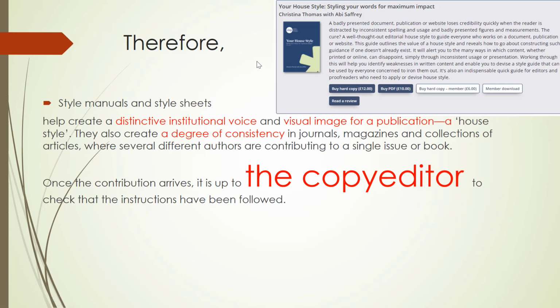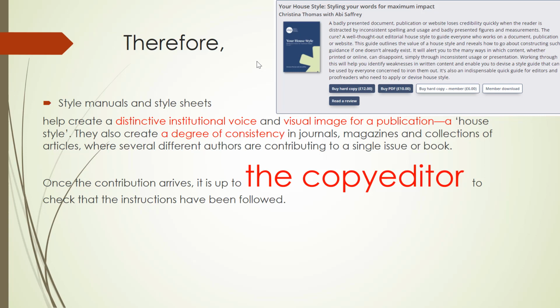So therefore, you see that style manuals and style sheets can help create a distinctive institutional voice and visual image for a publication. And a house style also creates a degree of consistency in journals, magazines, and collections of articles, where several different authors are contributing to a single issue or book.